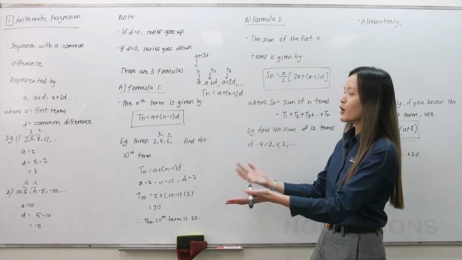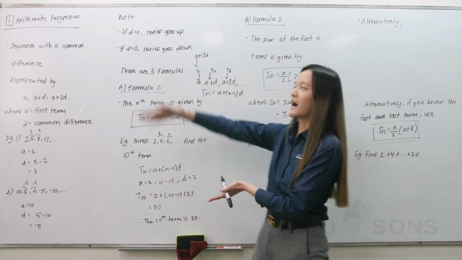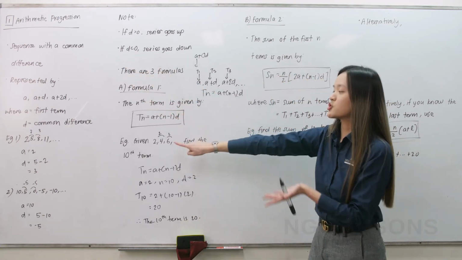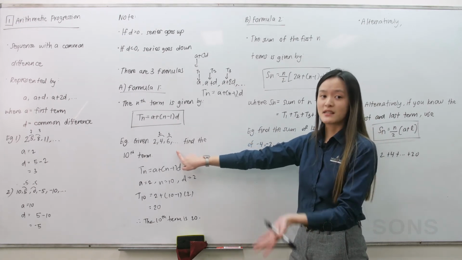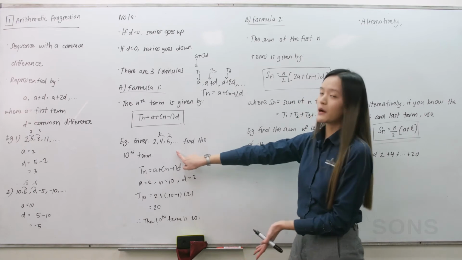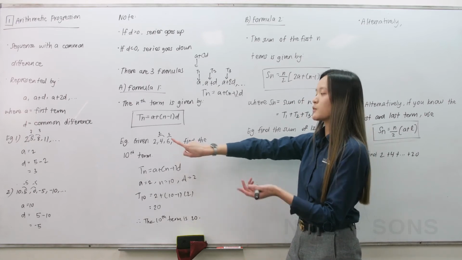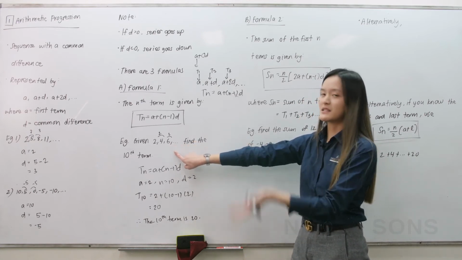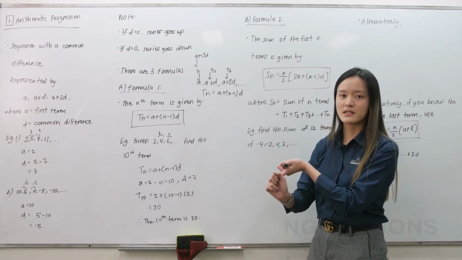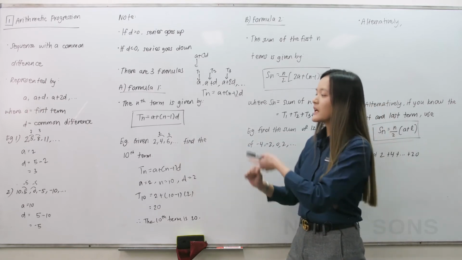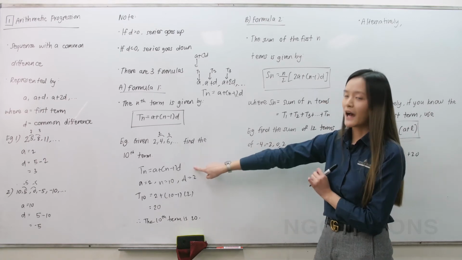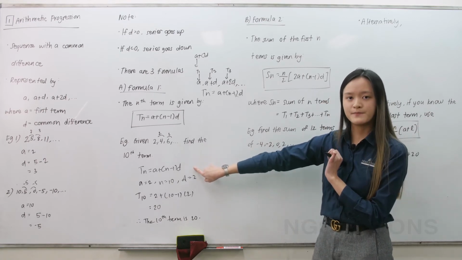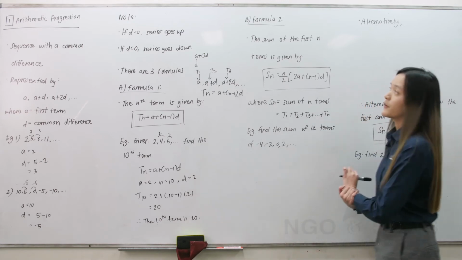Because this question is under the section AP, you can assume this is an AP. But let's say you get this question in an exam. They won't specify what type of sequence you have, so it's good to get into the habit of identifying it yourself. Second thing is, if they want you to find a specific term in your AP, you have to use the Tn formula. So that's the first formula.